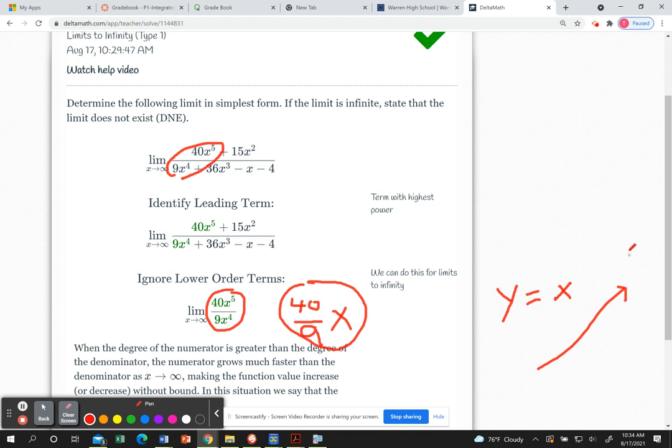So it's going to go up higher and higher. That's what it's saying. Or you can plug in infinity into this x. Infinity times anything is infinity. Therefore, your limit is infinity. Basically, that's what they're trying to tell you right here. But you can use your graphing calculator for this.